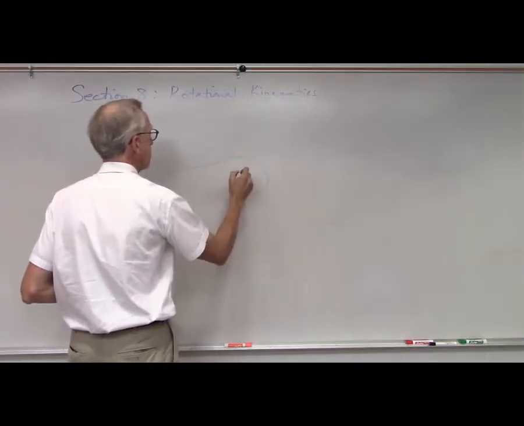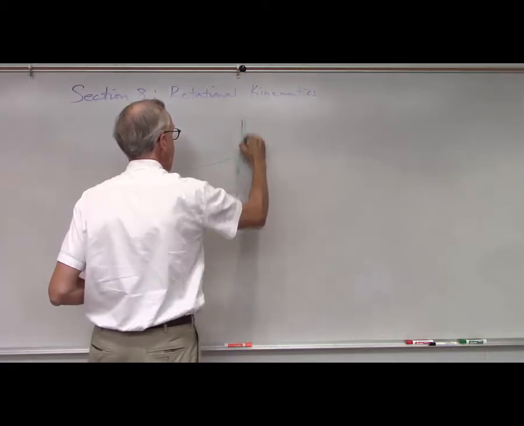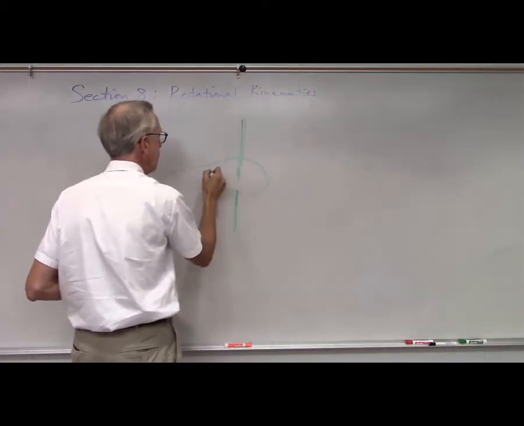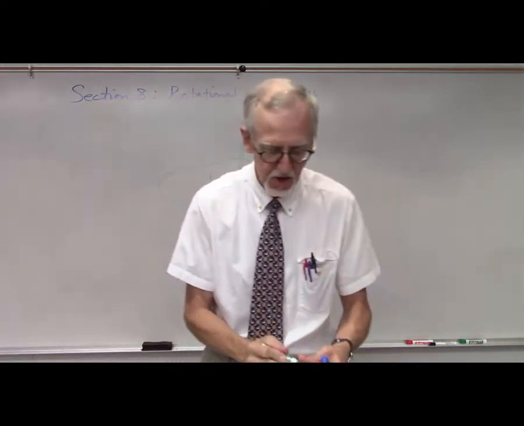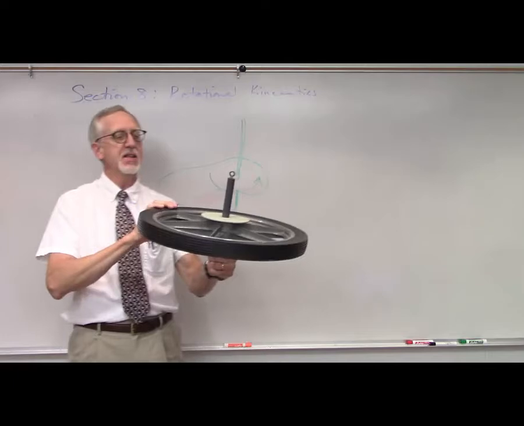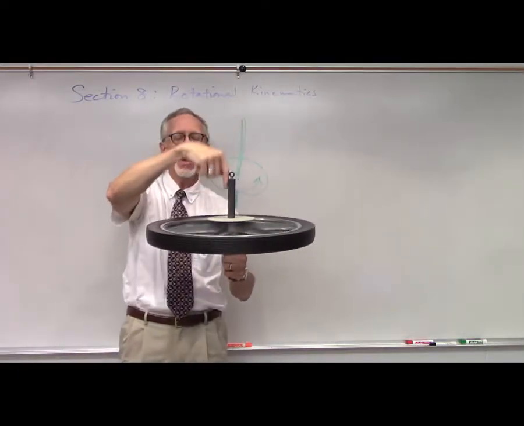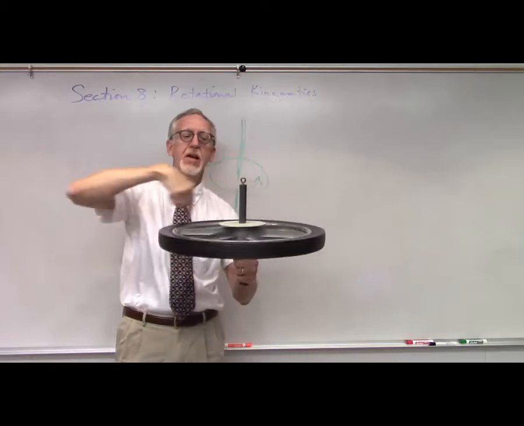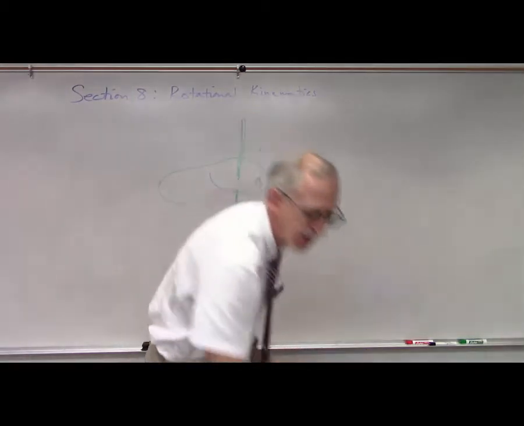So here's our object, and there's an axis that goes through it, and this thing is rotating about this axis. So imagine, for example, our wheel here. So here's our wheel, and let's imagine it's rotating. We've got an axis through the object, and the object rotates about that axis. We're going to call this the axis of rotation.